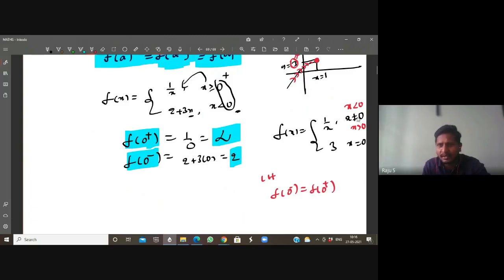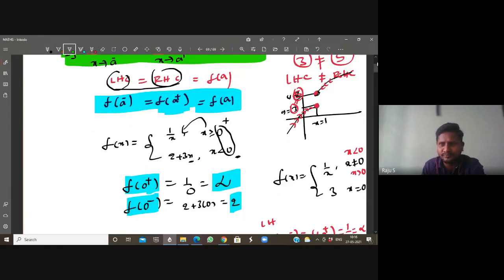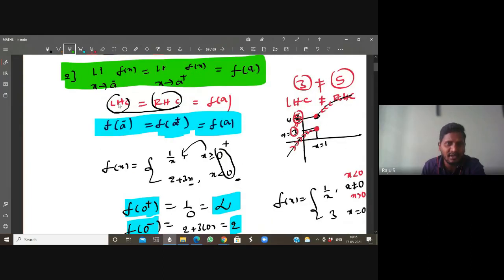Both are the same or not? Not equal to 0 means in both cases they gave the same function, whether greater than or lesser than, 1 by x only. So in both cases it will be 1 by 0, infinity. So infinite discontinuity means left hand limit or right hand limit or both having infinity. The limit value should be infinity.